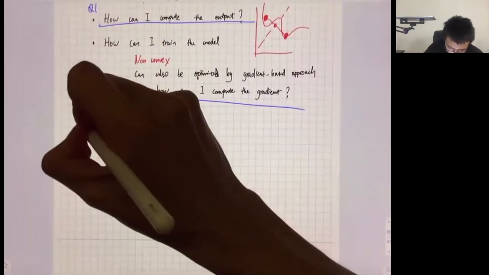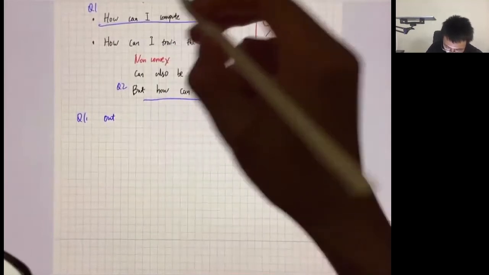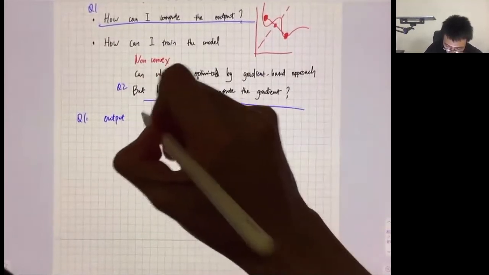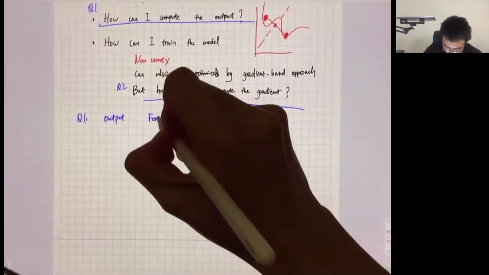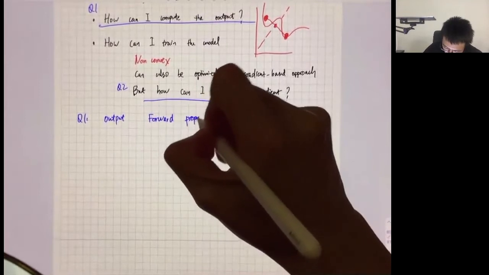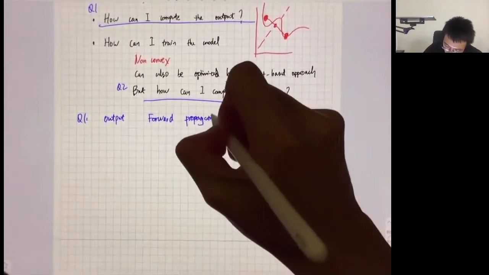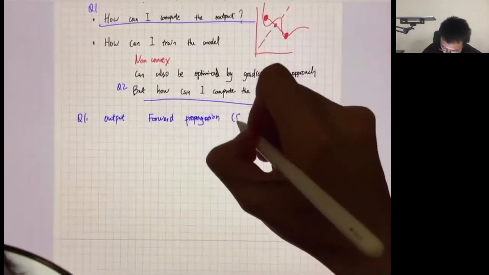So I'm going to compute the output of the model, and this is given by an algorithm called forward propagation, which is FP.